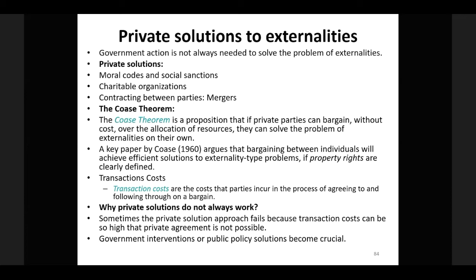Once they merge, the external cost becomes part of the internal cost of the parent company, the merged company. So then we don't have any issue of externality. So contracting where we do some mergers and acquisitions can also address that kind of scenario.